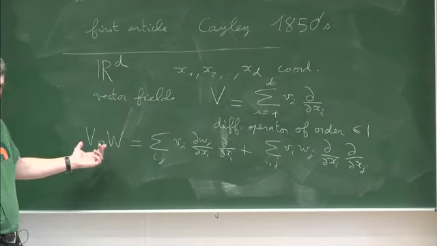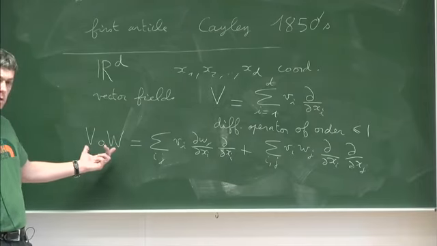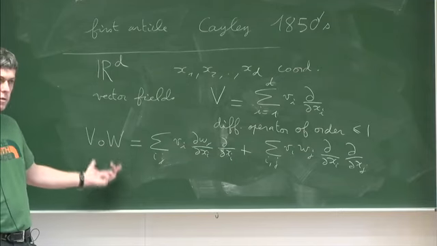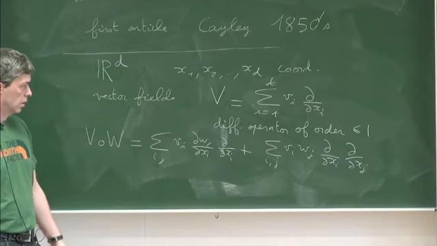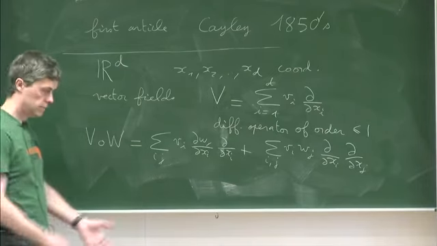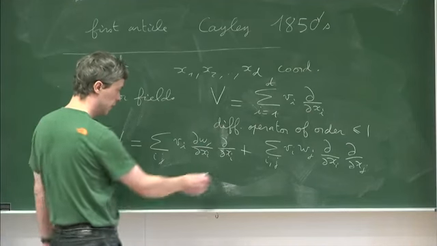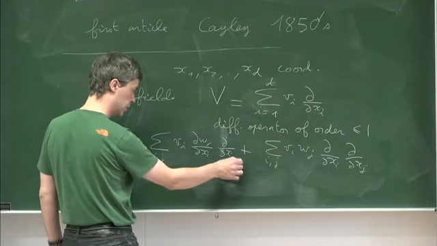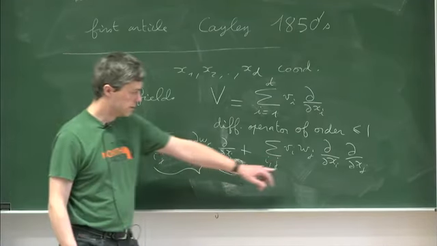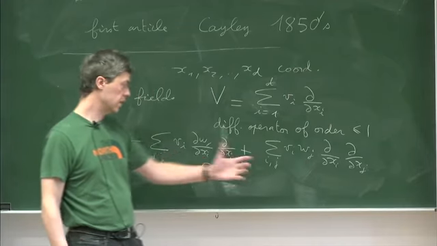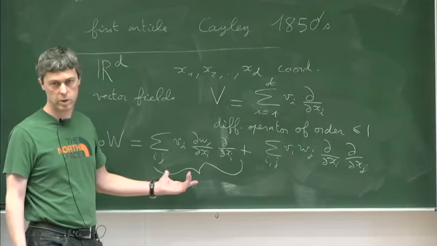Of course, we know that if we take the bracket, the commutator of this thing, it's a vector field, and it's the usual Lie bracket of vector fields. But now we decide, in some kind of arbitrary way, that we are just going to keep this part. This is a differential operator of order 2. We keep the part which is a differential operator of order 1.